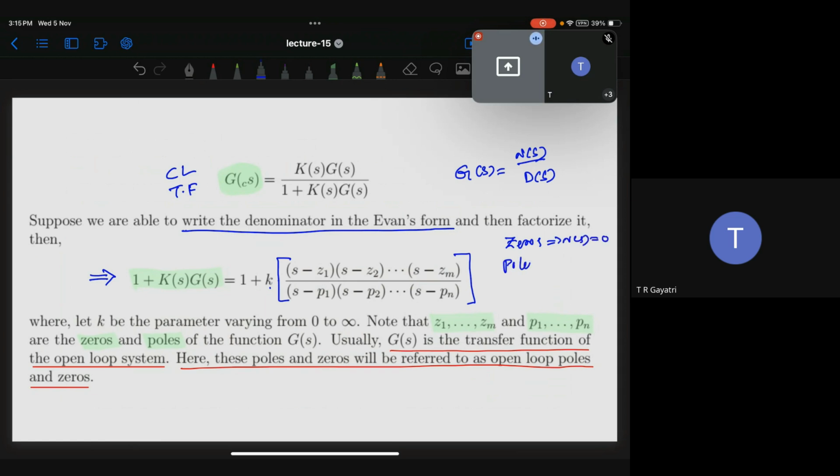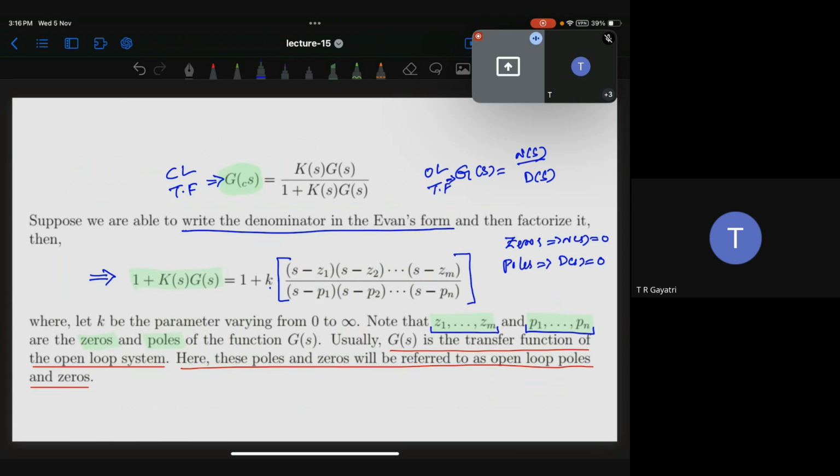What are the poles? Roots of d of s equal to 0. Here z1, z2, zm are the zeros, and p1, p2, pn are the poles, where g of s is the open loop transfer function. Gc of s is the closed loop transfer function.